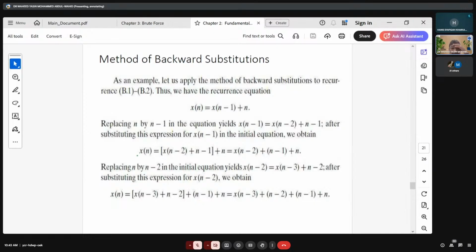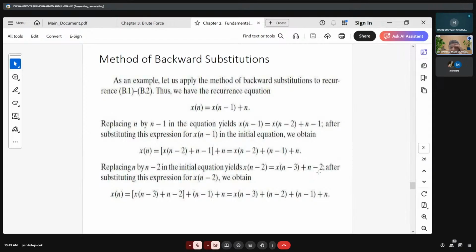So here we have xn minus 1. So here we replace it with xn minus 2 plus n minus 1, plus n. What does it mean here? xn minus 2 plus n minus 1 plus n. So what is xn minus 2? xn minus 2 equals xn minus 3 plus n minus 2.